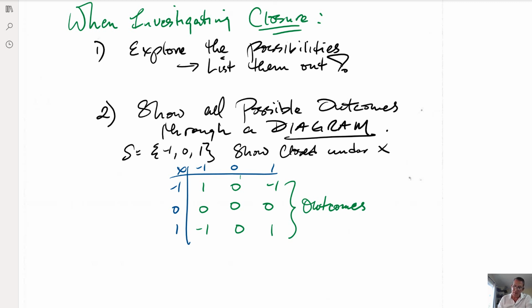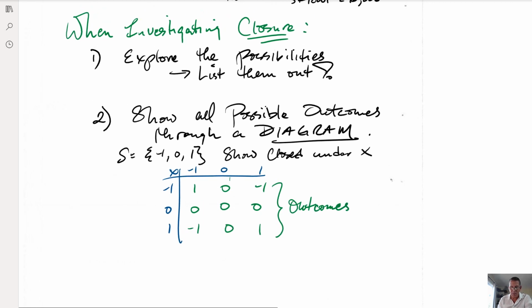Now, if you cannot list and you can't show it through a diagram, then maybe it is not closed. And to show not closed, you need to provide a counterexample.